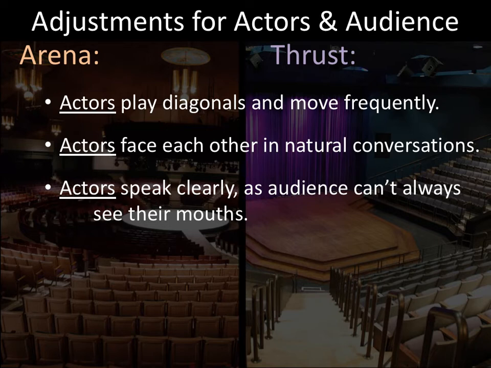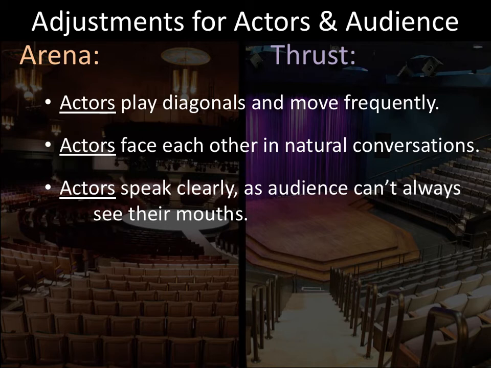Just like in real life, when you're having a conversation with a friend, your shoulders are parallel to their shoulders. You stand and you look directly at someone and you talk to them. And that's exactly what happens in the arena and the thrust stage. And then actors have to speak very clearly because the audience can't always see their mouths.